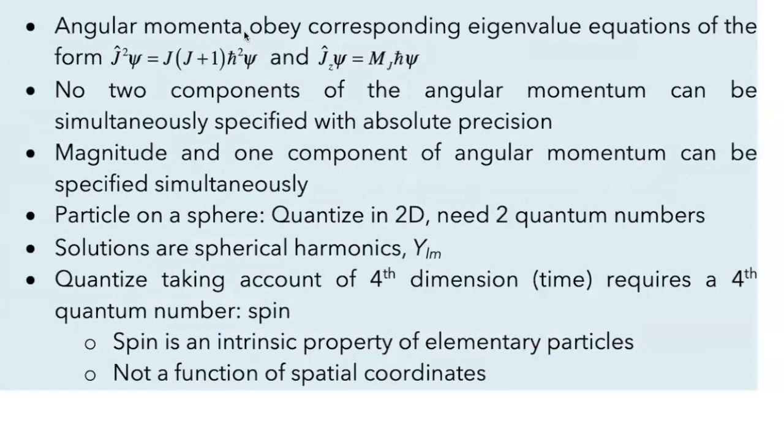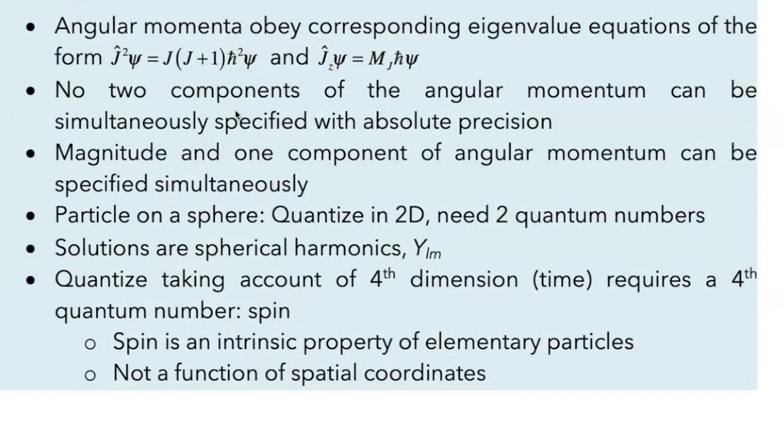All angular momenta obey the same eigenvalue equations, the same eigenvalue algebra. Magnitude squared equals J times J plus 1. H bar squared would be our units, right? Projection m sub J times h bar.